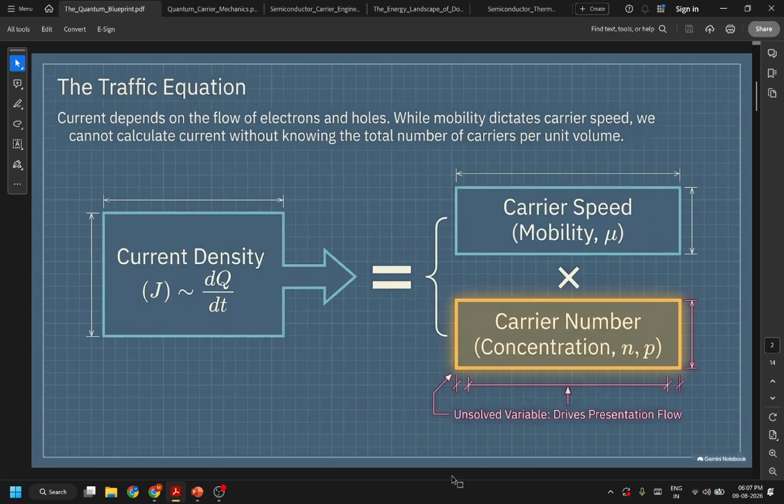Mobility defines the drift velocity, which gives you the speed of the carriers. But the current density is a combination of both speed and quantity. Speed is defined by mobility or drift velocity, and the number is defined using carrier concentration, that is n and p.